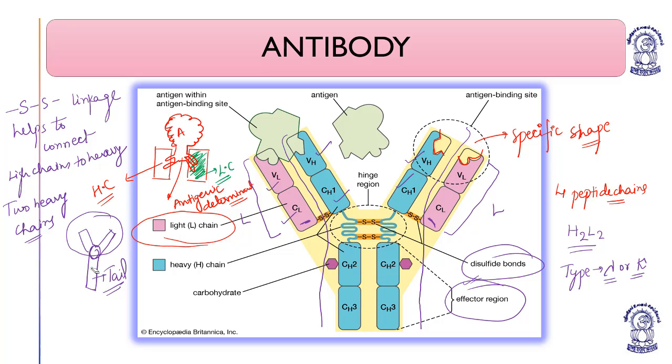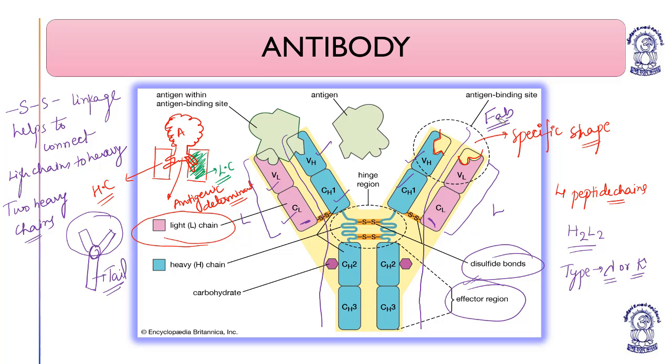Fragment antigen binding, FAB, and fragment crystallizable, FC. It is not mentioned over here, so I'll mention fragment antigen binding. You can see the antigen binding site, this FAB, fragment antigen binding, and fragment crystallizable.